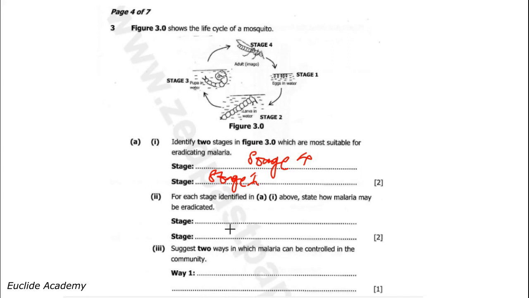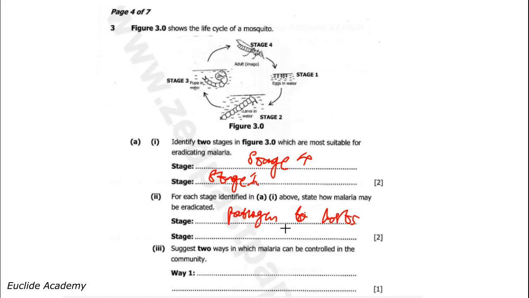For stage number 4, adult, sleeping under insecticide treated nets will prevent the mosquito, which is the vector, from transmitting the pathogen to humans, and they'll be killed by using insecticide treated nets.